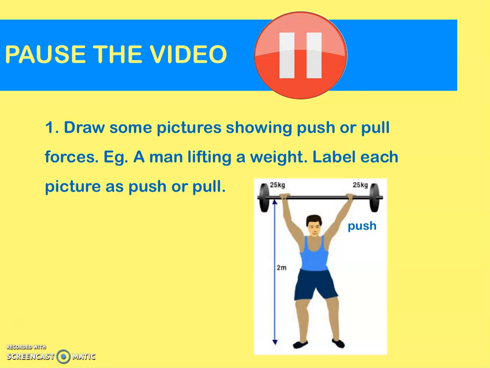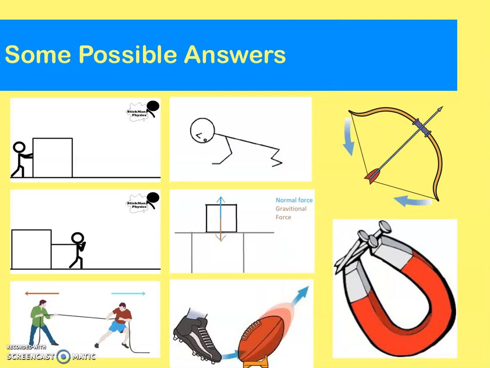Okay, so hopefully now you've drawn a couple of pictures. Here are some examples of what you could have done. So you could have drawn a person pushing a box. You could have drawn a person pulling a box. You could have drawn the first example I gave you of two people playing tug of war. What about a man doing a press up? You could have drawn a box on a table.